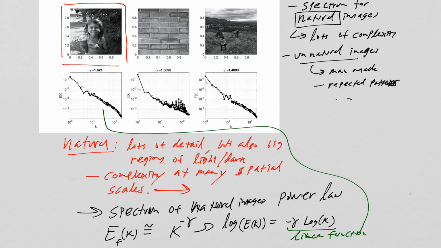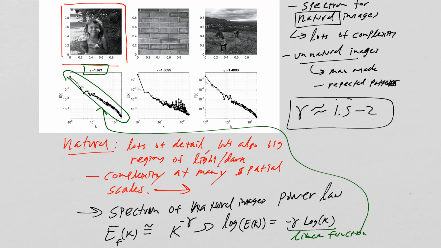So natural images have this linear function here. They have a specific slope, and it turns out it's very common for the slope to be somewhere between 1 and 2, usually right in the middle. So in this case, gamma is about 1.5. That's pretty typical. Sometimes it can get up to 2. That's a very typical slope you'll see in a log-log plot.